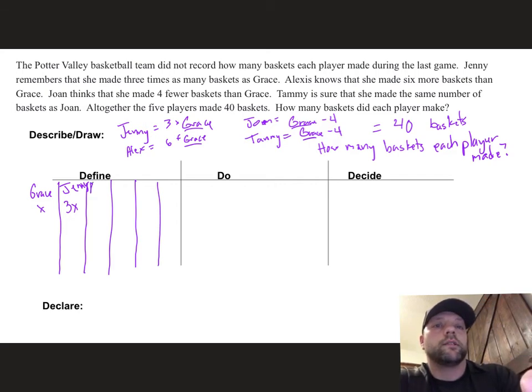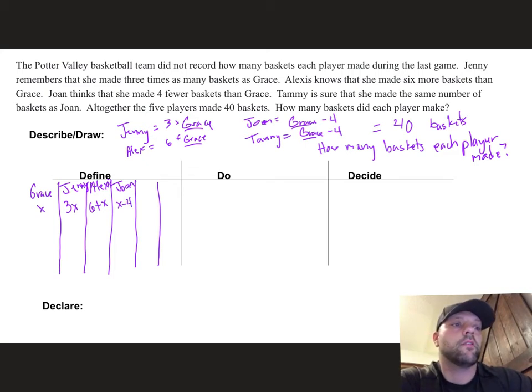Then we have Alexis, and she's going to be 6 plus x because she was 6 more than Grace. Joan is going to be x minus 4 because she scored 4 fewer baskets than Grace. And Tammy's the same there, which is going to be x minus 4. So now I have my 5 players, and in the do, all of that's going to equal 40.